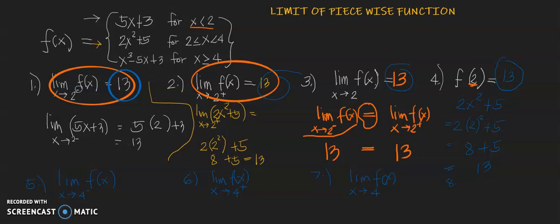And number 8: what would be the answer if it is f of 4? Try to work on these and then see you this afternoon for our Zoom class discussion.